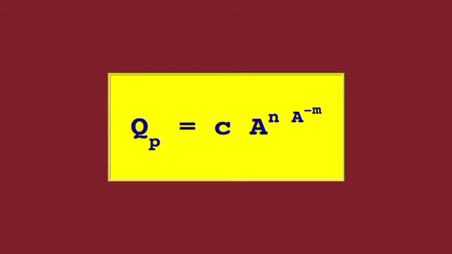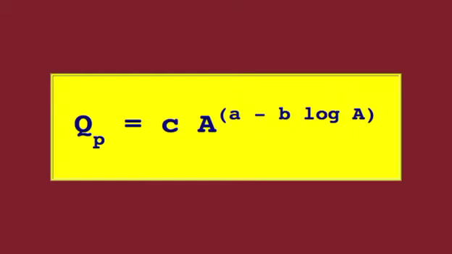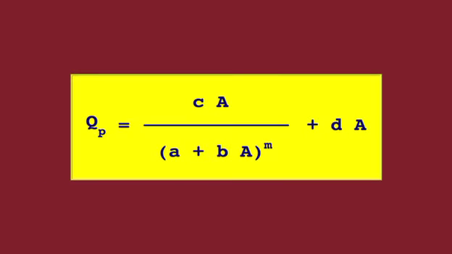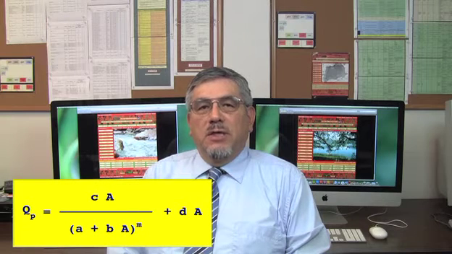Other formulas relating peak flow to catchment area are the following. In which A, B, C, D, M, and N are parameters determined from statistical analysis of measured data and are applicable on a regional basis, that is, for neighboring catchments of similar physiographic, vegetative, and land use patterns.